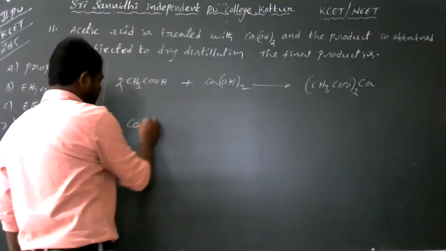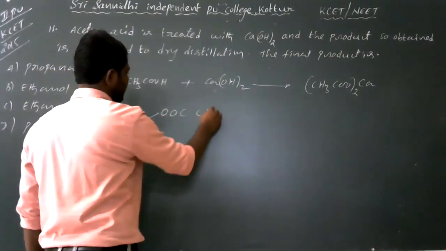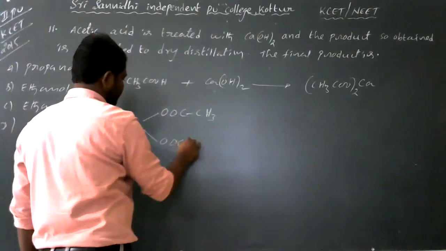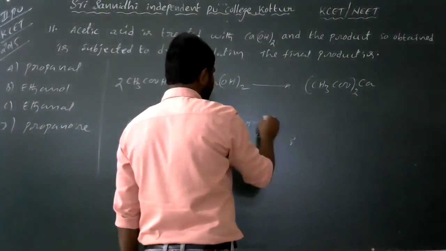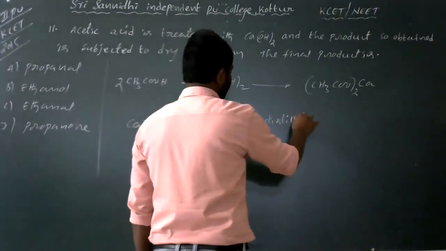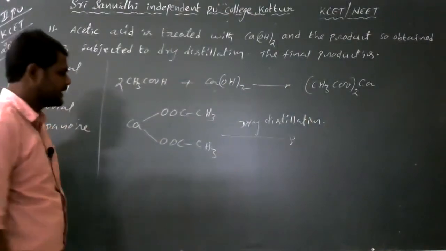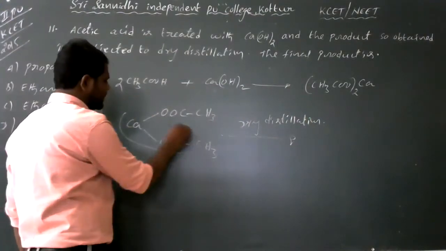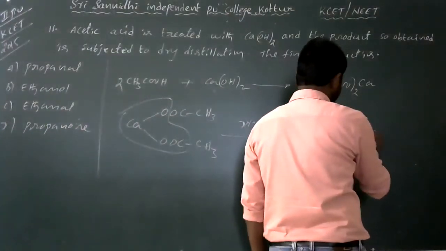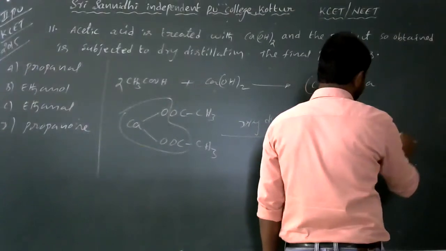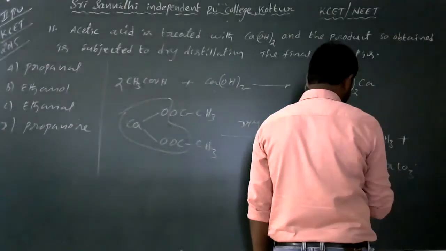That calcium acetate, on dry distillation, eliminates calcium carbonate, and the remaining compound is CH3COCH3, acetone, which is also called propanone.